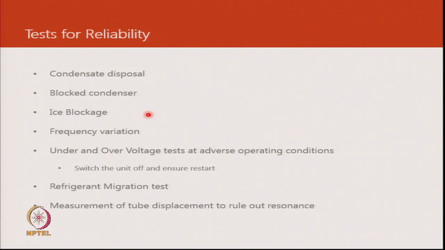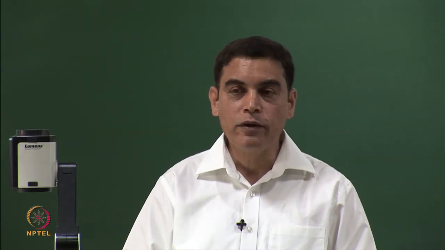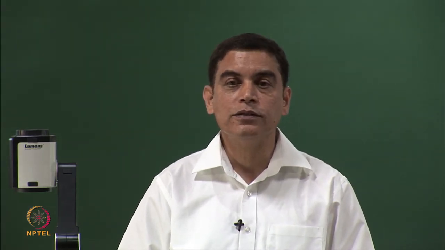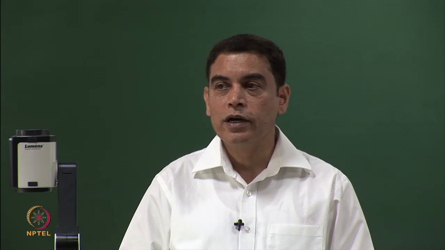Then the next is frequency variation. During the railway case study I talked about varying it for purposes of vibration, but here again all units which use a moving component, and more particularly where there is no isolation between the rotating part and the frame, it becomes essential to look at a frequency sweep test.